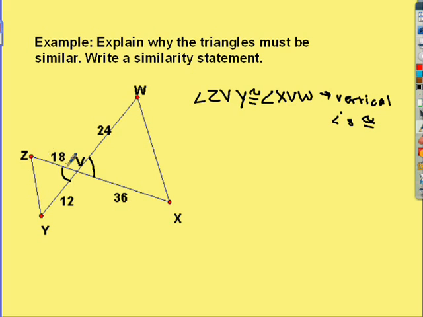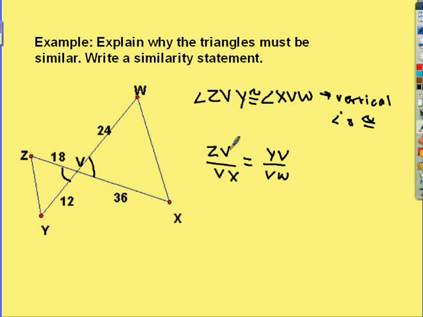So I'm going to have to check and make sure that these sides are proportional. So I'm going to have to see, is ZV over VX equal to the ratio of YV over VW?